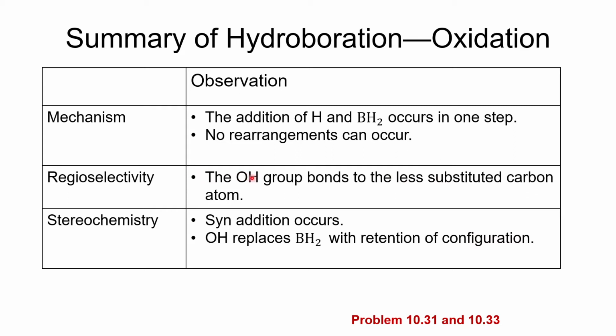As far as regioselectivity, the OH ends up on the less substituted carbon and the hydrogen ends up on the more substituted carbon. We refer to that as anti-Markovnikov, and we also get syn-addition. So let's look at what this means in terms of a couple of different problems.